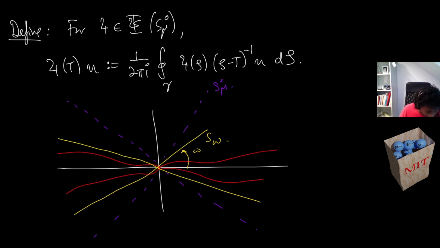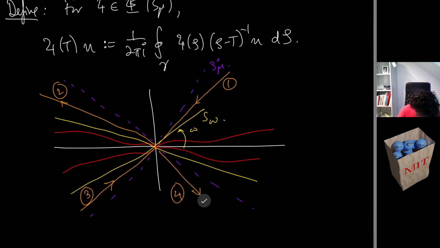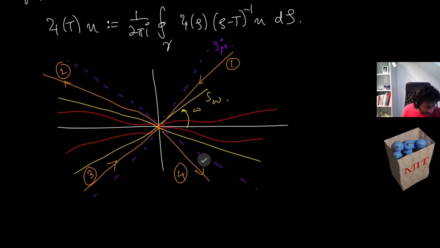So this contour comes out from infinity to 0. It cuts through 0. So that's the first thing. And then it goes out to infinity here. And then it comes back from infinity to 0. And then it heads out to infinity. Okay, so this is some curve with some value mu.